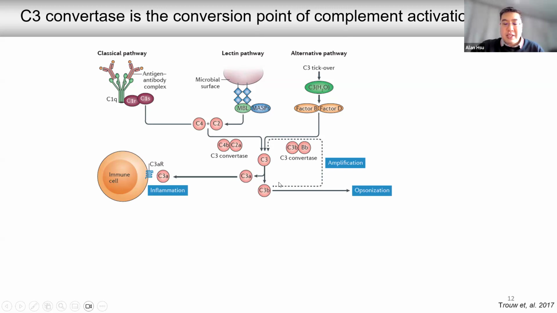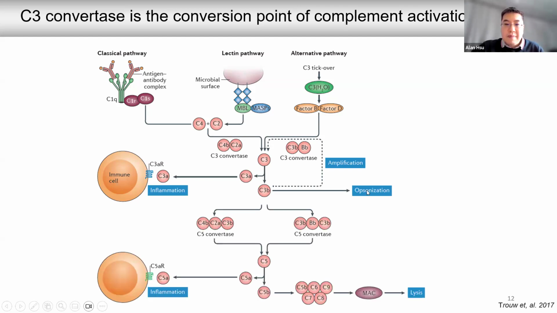C3 can be further cleaved into C3a, which can serve inflammatory functions. C3b can opsonize pathogens or microbes, and also form the C5 convertase to further have effector functions.